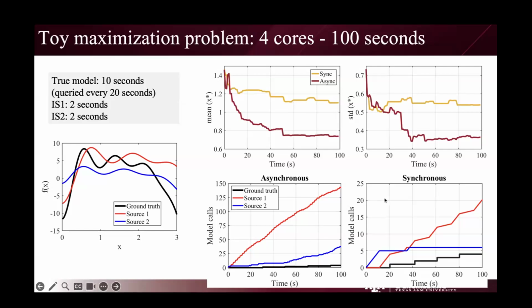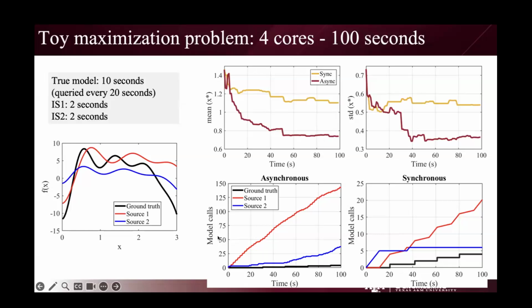At the bottom here, we can see that the actual protocol by which different information sources are selected is different depending on whether we're following a synchronous or an asynchronous technique, right? So clearly, not only are we making the use of resources more efficient, but in reality, the way in which different information sources are queried also changes when we have these capabilities.